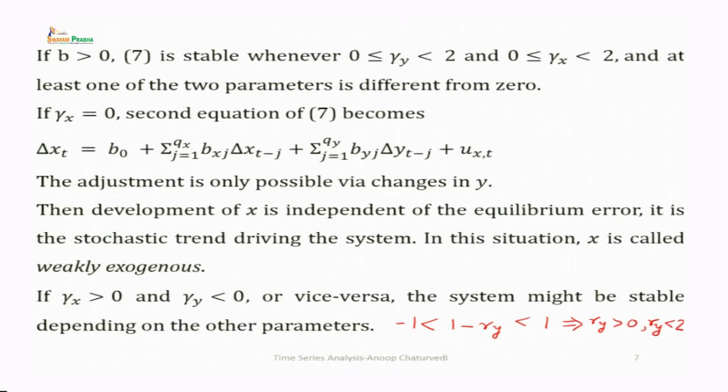So, the adjustment is only possible via changes in y, means this regression has just first differences of y's. You can say that the relationship between y's and x's is through the changes in y, and there is no long term relationship.